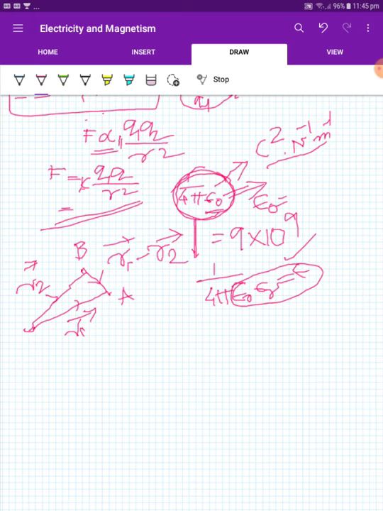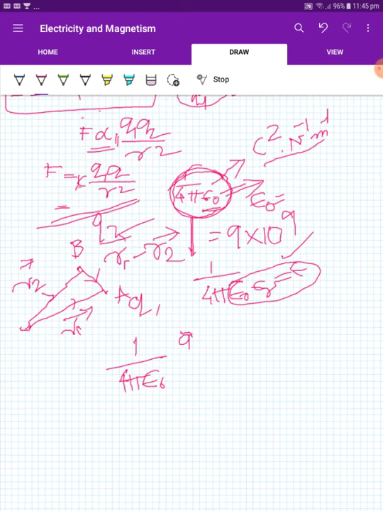Now the force acting on B will be 1 by 4 pi epsilon naught, if the charges are q1 and q2, then q1 q2 by, if the distance is simply r, r squared r cap.